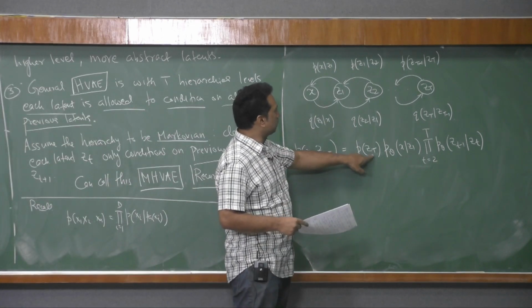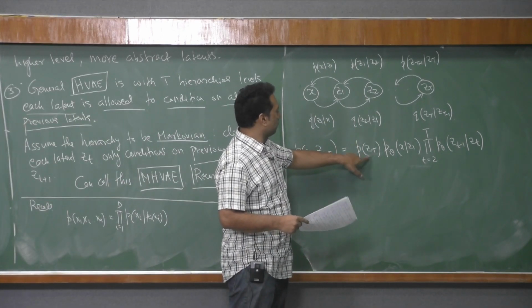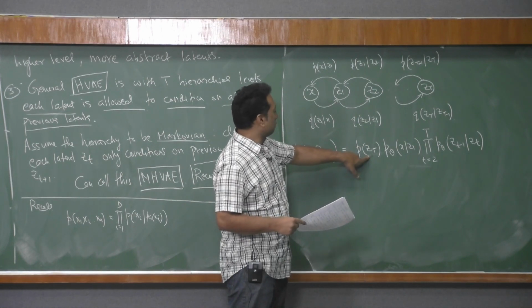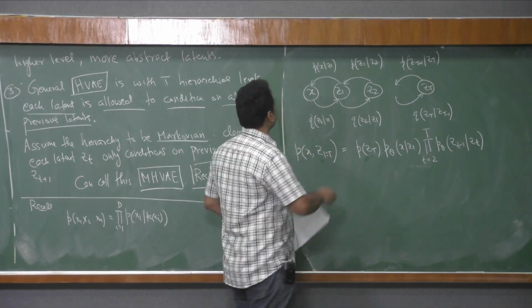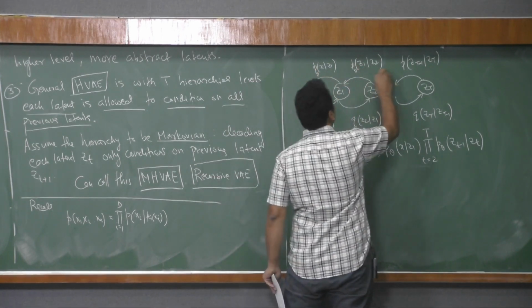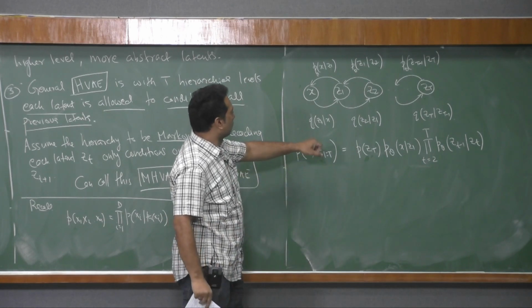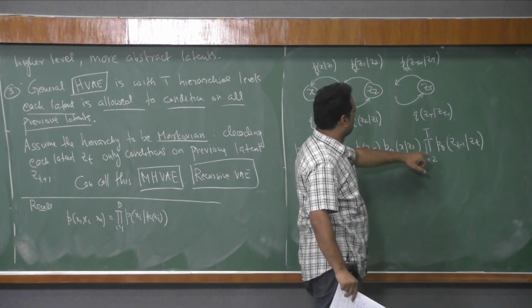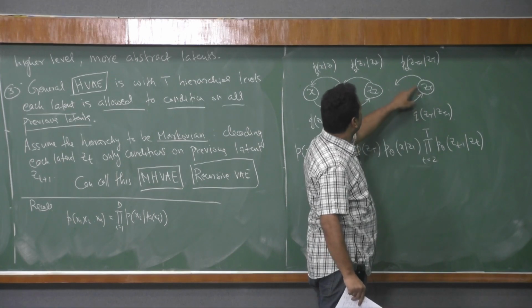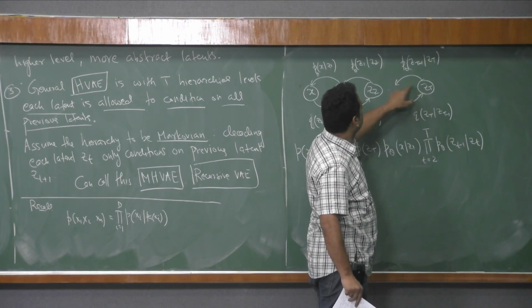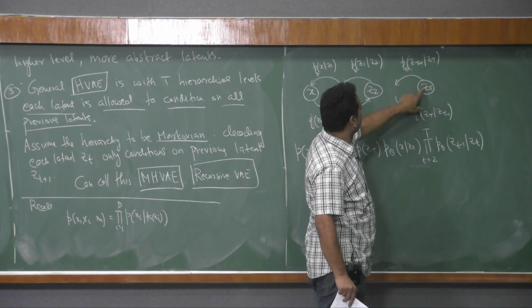It has no parents, so that's just the prior probability of Z_T, and then we can think of this as p_theta, and then we have Z_{t-1} conditioned on Z_t.